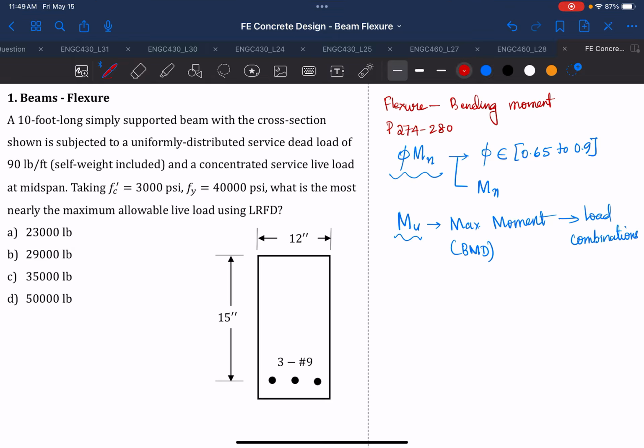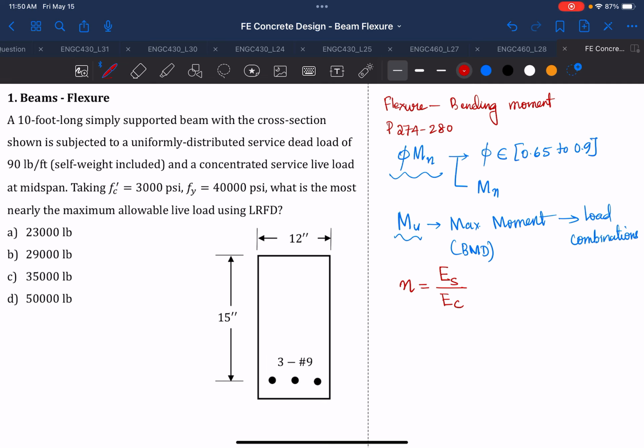Another thing that you may expect from beam flexure is the modular ratio. This modular ratio n is equal to Es, which is the Young's modulus of steel, divided by Ec, which is the Young's modulus or elastic modulus of concrete.